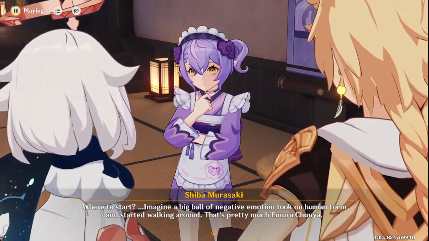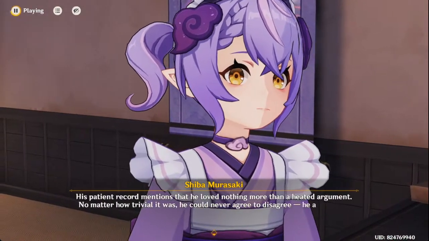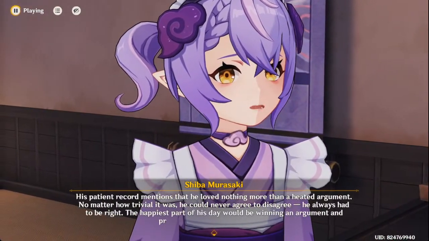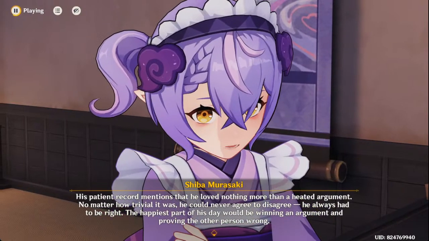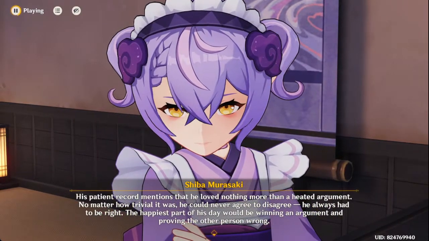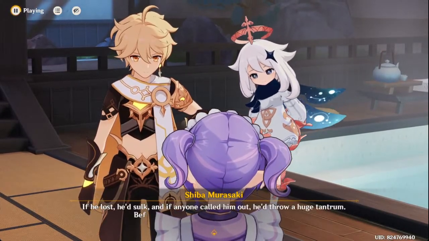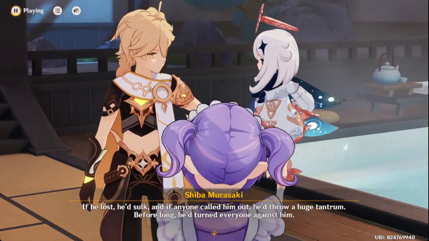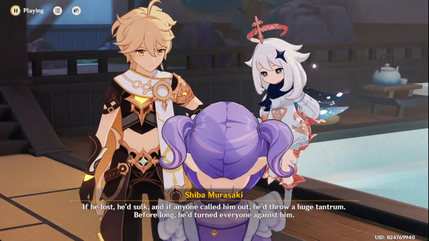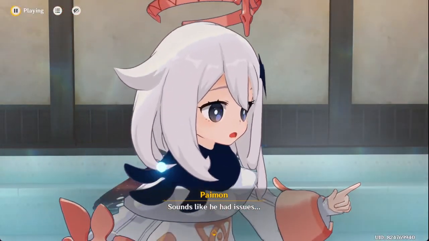It's pretty much Imura Shuya. His patient record mentions that he loved nothing more than a heated argument. No matter how trivial it was, he could never agree to disagree. He always had to be right. The happiest part of his day would be winning an argument and proving the other person wrong. If he lost, he'd sulk, and if anyone called him out, he'd throw a huge tantrum. Before long, he'd turned everyone against him. Sounds like he had issues.